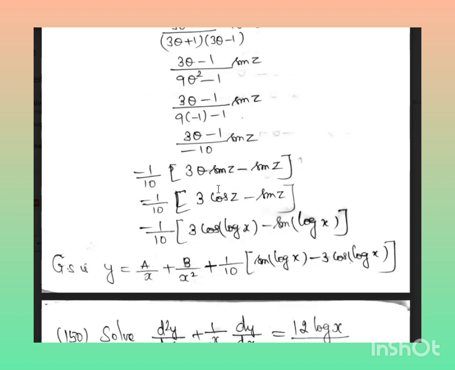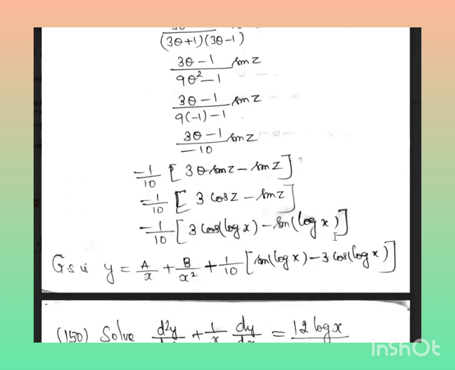But here theta is in multiplication, that's why you have to differentiate 1 time. 3 theta sin z: 3 sin z, if you differentiate, gives cos z. So minus 1 by 10, 3 cos z minus sin z. What is z? Z is equal to log x. So minus 1 by 10 into 3 cos of log x minus sine of log x.